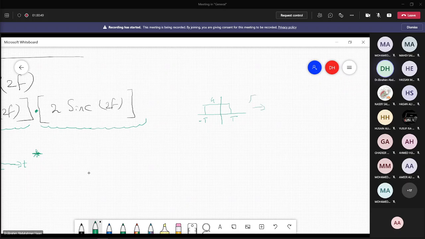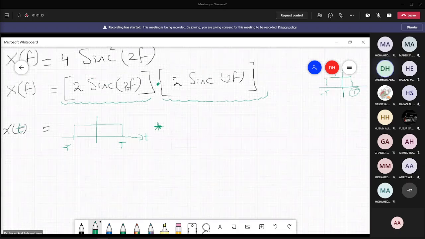Then the Fourier transform for this one is sinc 2t f multiplied by 2t k. Whatever we have here is divided by 2, we'll get t.